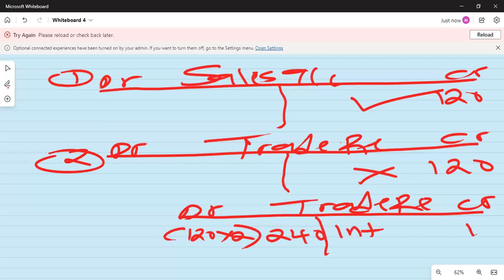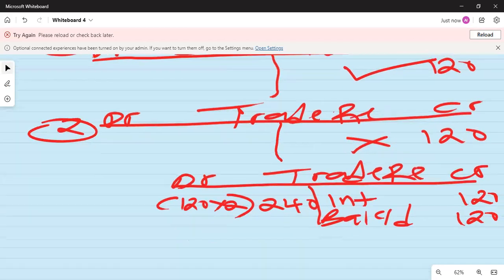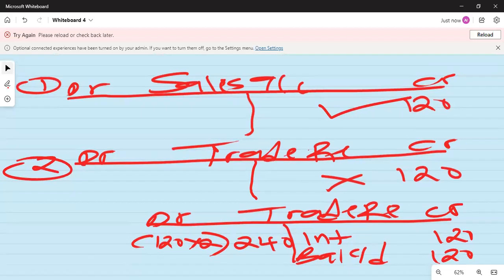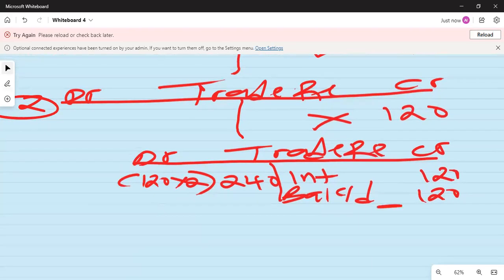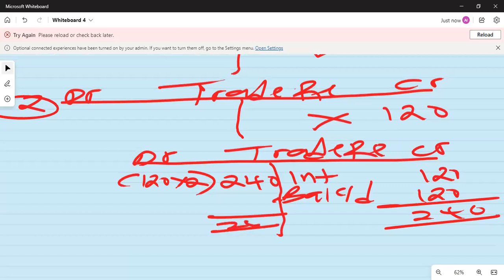The receivable account will be debited with 240, so that at the end we have 240 on each side, and I'm going to be having a balance of 120.